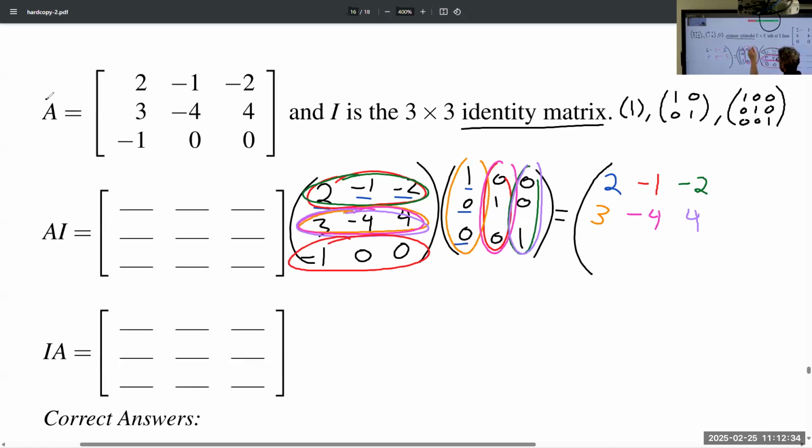Third row, first column, just get -1. Third row, second column, 0, 0, 0. Zero, zero, zero.